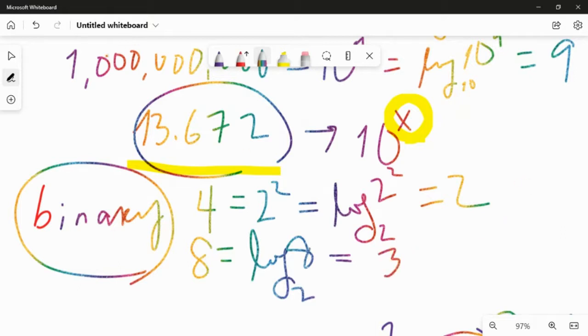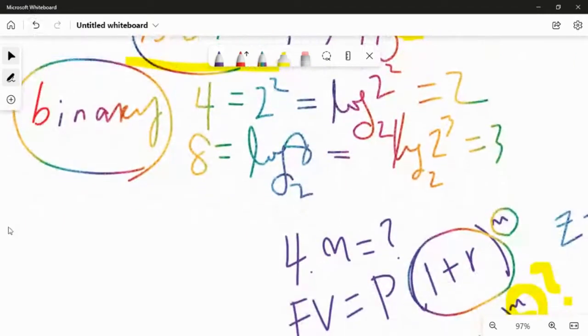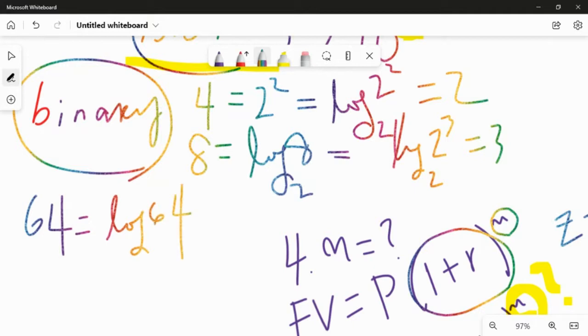Because we all know that's log of 2 cubed to base 2, 3, right? 16, yeah, even 32, we know 64. Log of 64 to base 2, it's log of 2 to the 6th to base 2, so it's going to be 6.